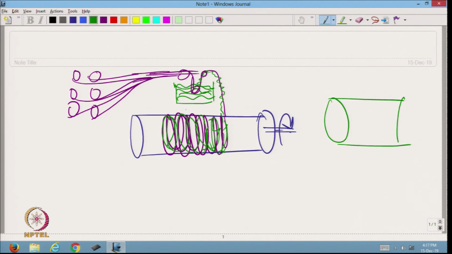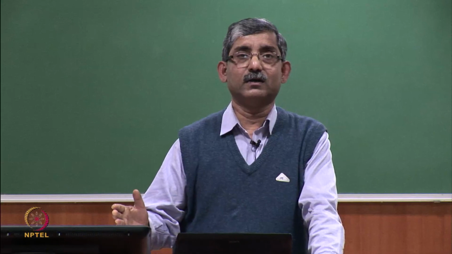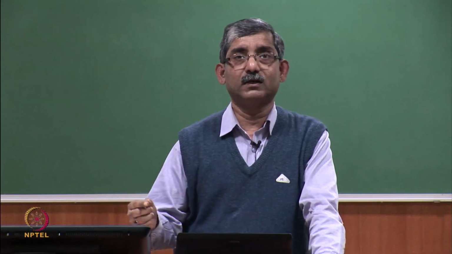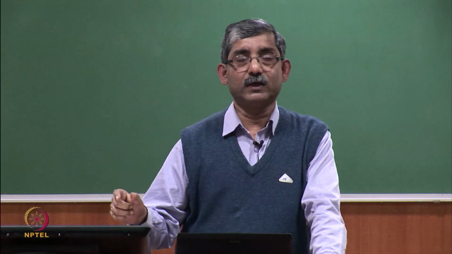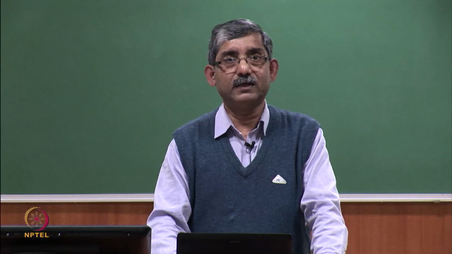This composite will be a hollow cylindrical shape. Once we take it out after solidification, and there will be one traversing mechanism, depending on the shape required or depending on the thickness required, we can change the traversing speed.